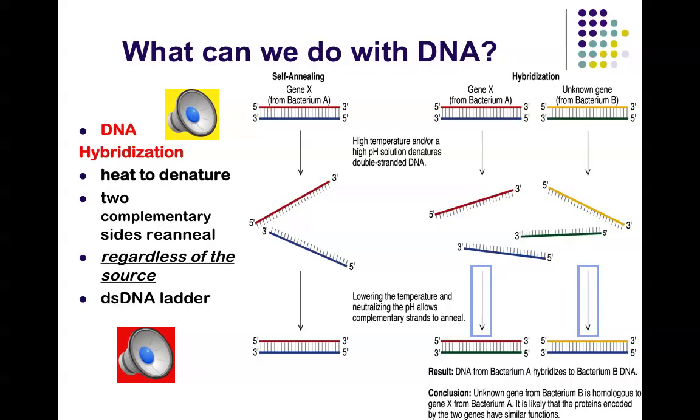Now, what if, for example, on the right side of this slide, we have double-stranded DNA from two different genetic sources? So we have red and blue and yellow and green.